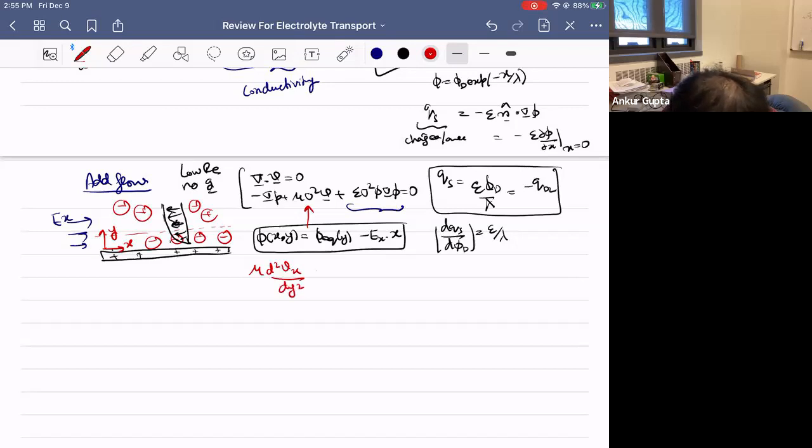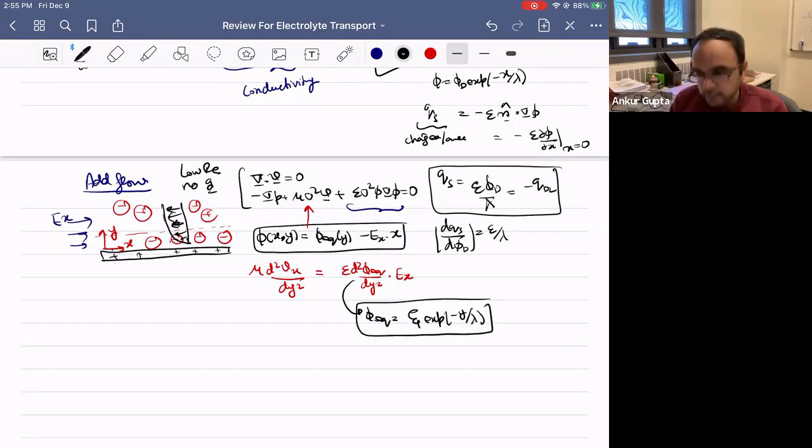The problem comes out to be epsilon... I believe this is what you get, and then phi equilibrium we know from the other condition comes out to be zeta exponential minus y by lambda. Then you can integrate things and get the velocity for electroosmosis, which is an exponential velocity. So homework 6 problem 5 is a good one.